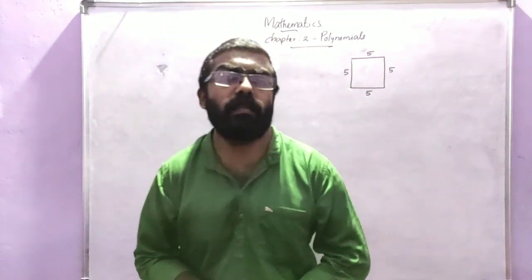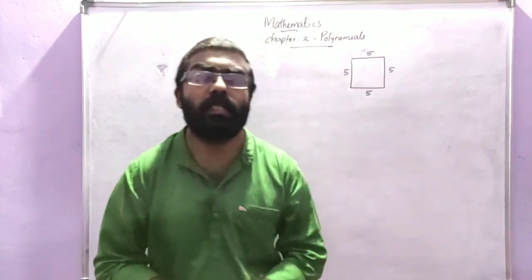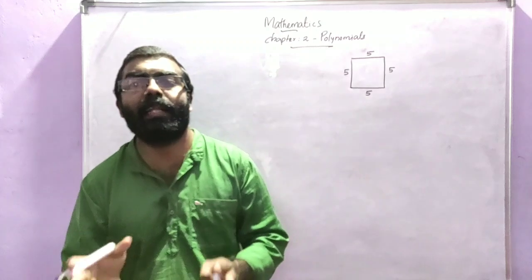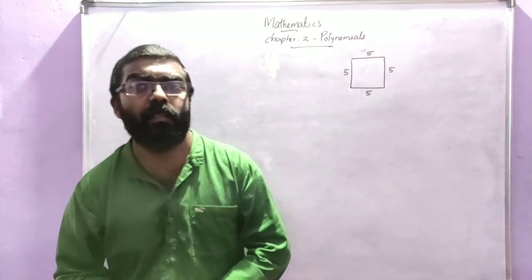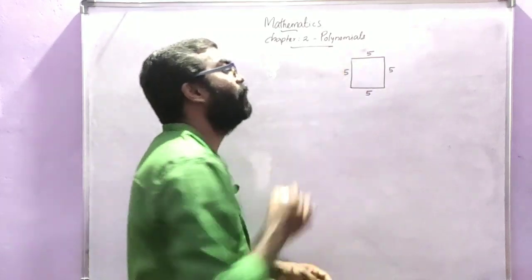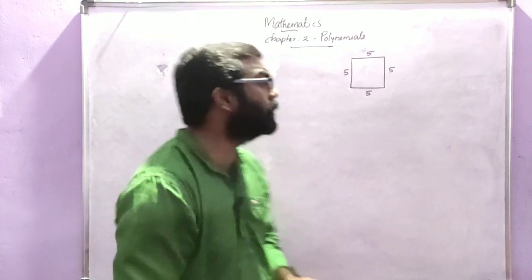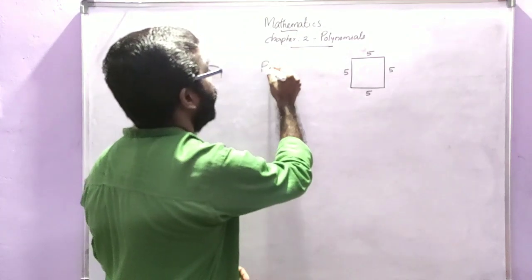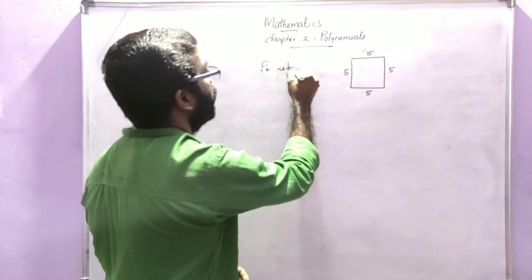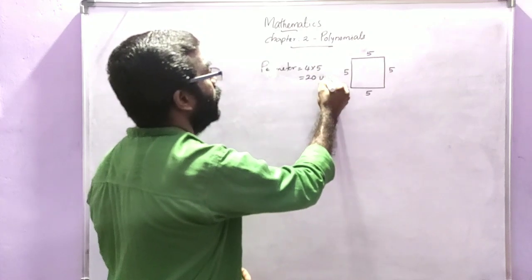What is its perimeter? You know that the perimeter of a square is the sum of the lengths of its 4 sides. Here each side is of length 5 units and so its perimeter is 4 into 5, which is equal to 20 units.